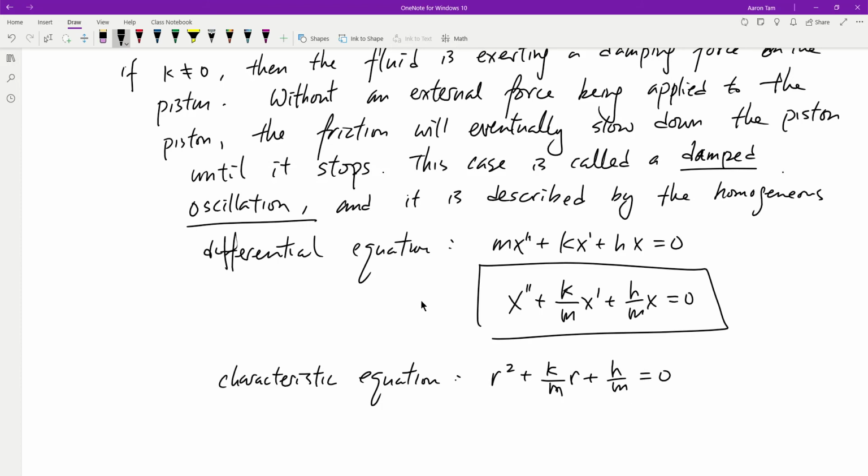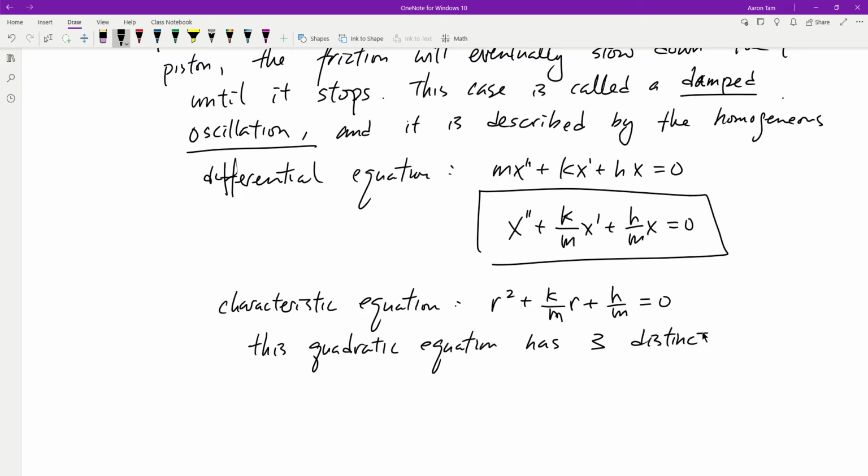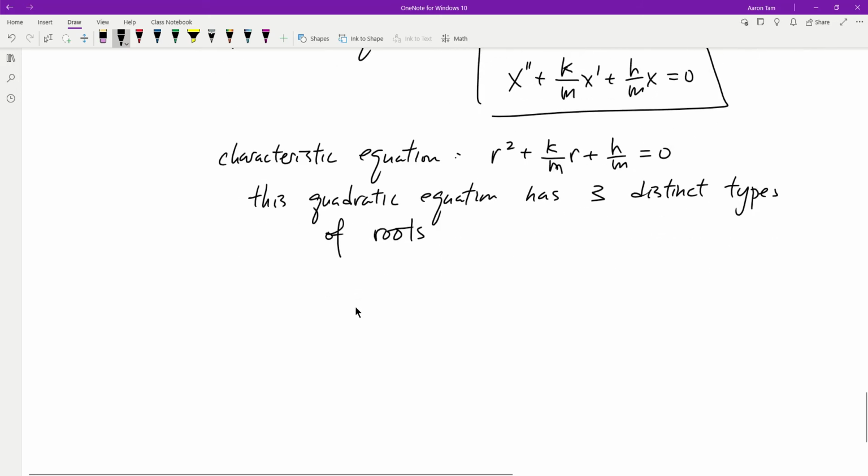Now this is a quadratic equation, and this quadratic equation has three distinct types of roots. Because of these three types, it would generate something very different. But how do I know what type of roots they are?